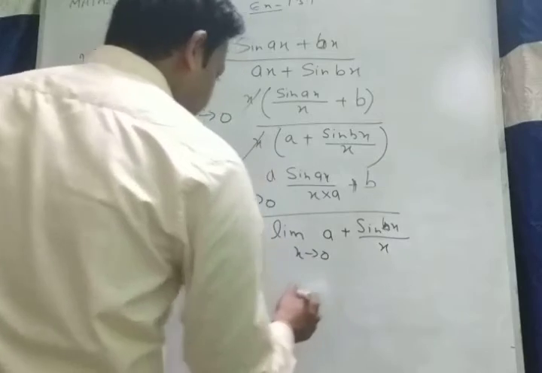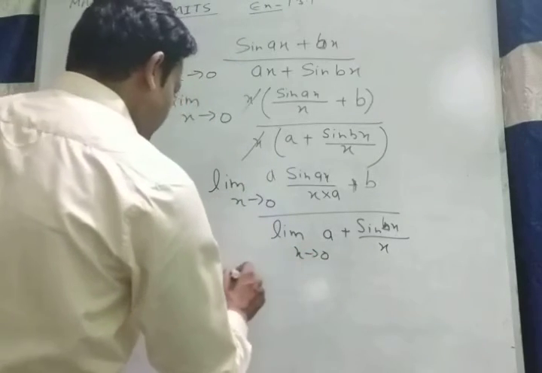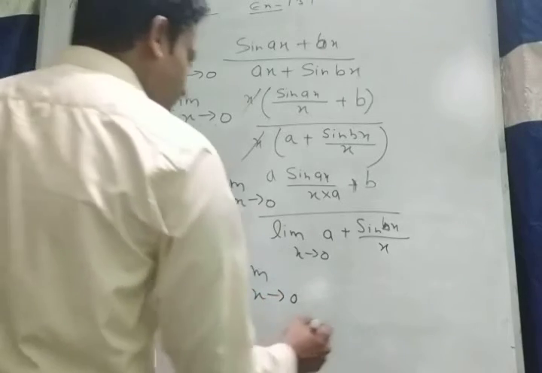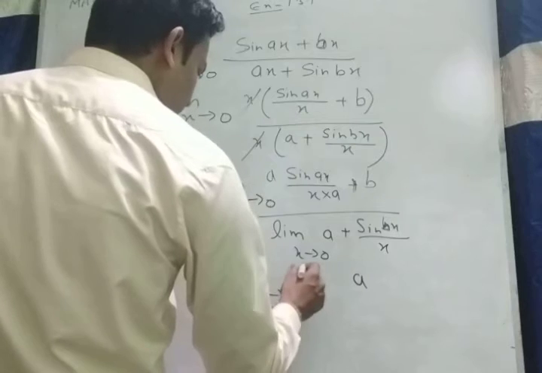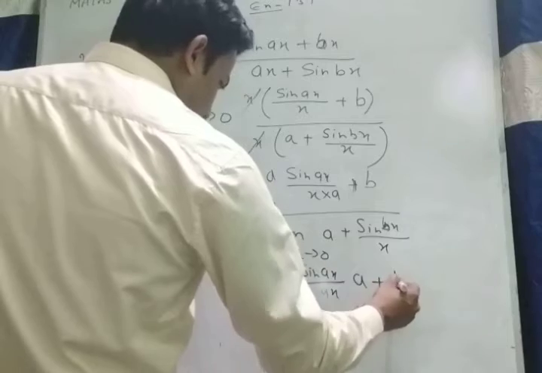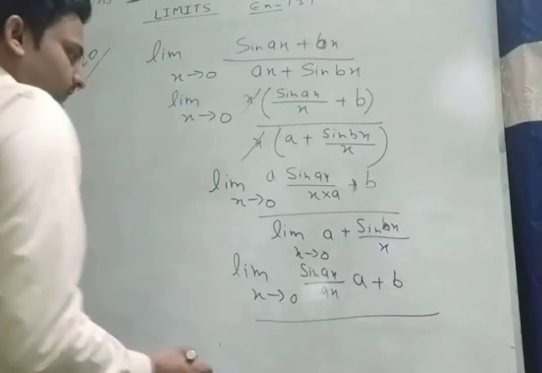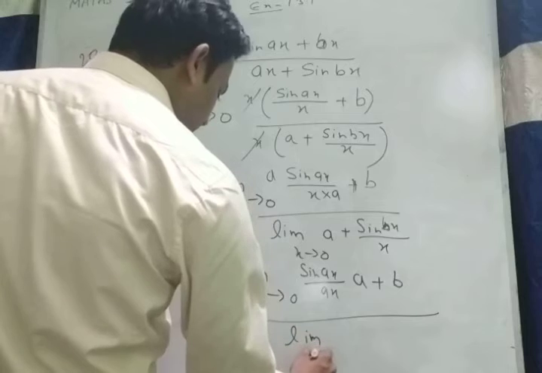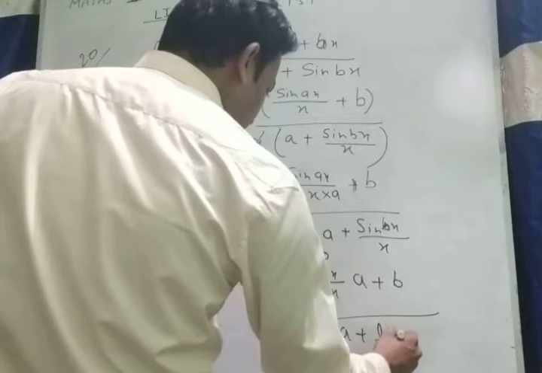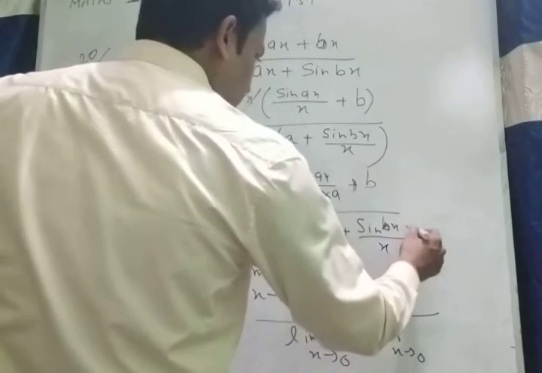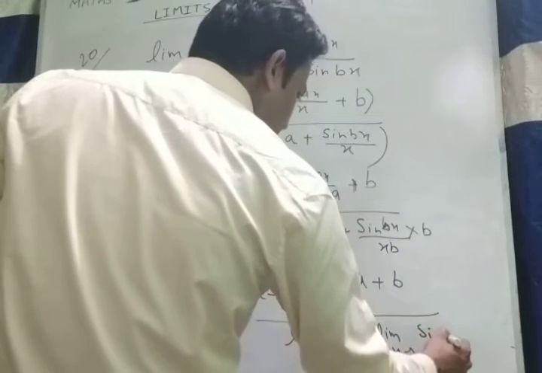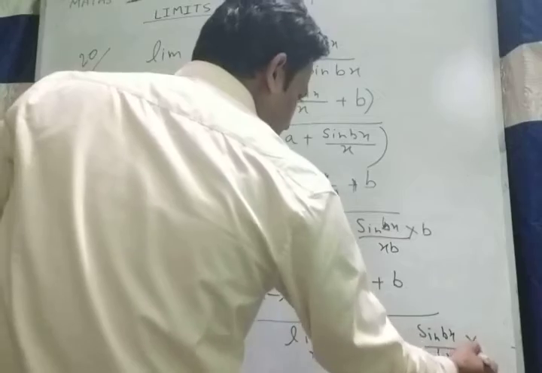Now this is constant, so we take limit x tends to 0, a sin ax by ax plus b upon limit x tends to 0, a plus limit x tends to 0, multiply here with b, we get sin bx by bx into b.